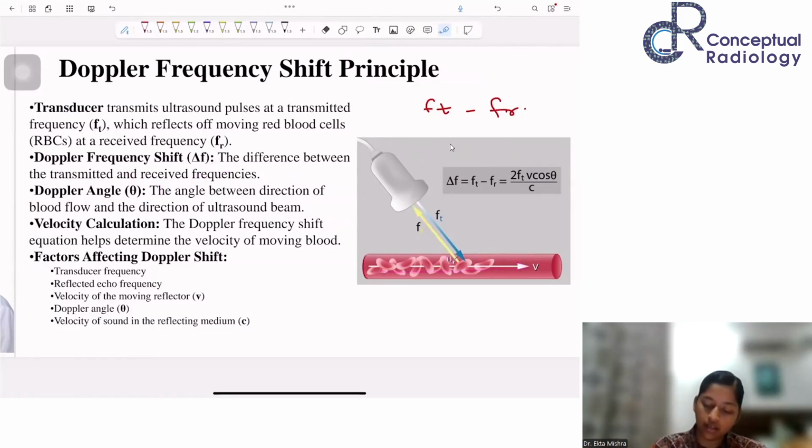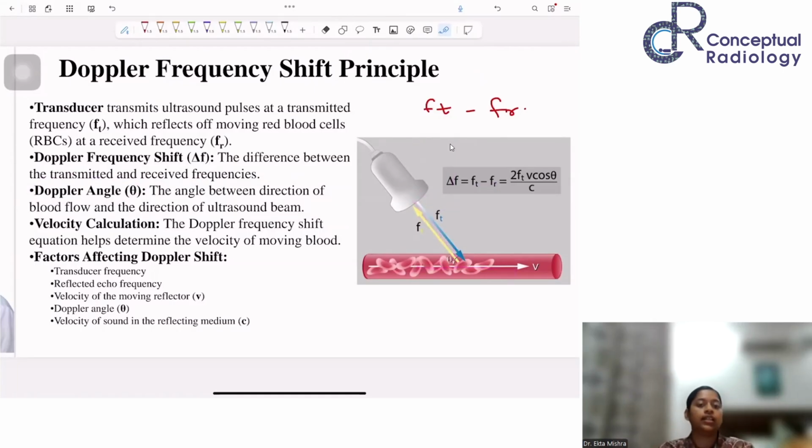So the angle formed between the ultrasound beam and the direction of flow is Doppler angle. Don't confuse it with the angle which is between the skin and the vessel. Some people have that doubt. So we are dealing with the Doppler ultrasound. So it's the angle between the ultrasound beam and the blood flow.